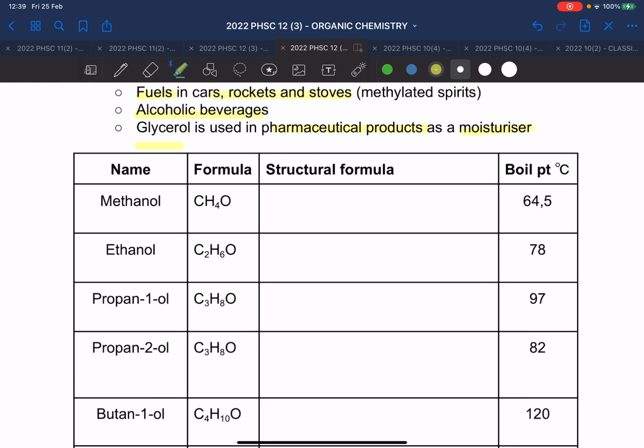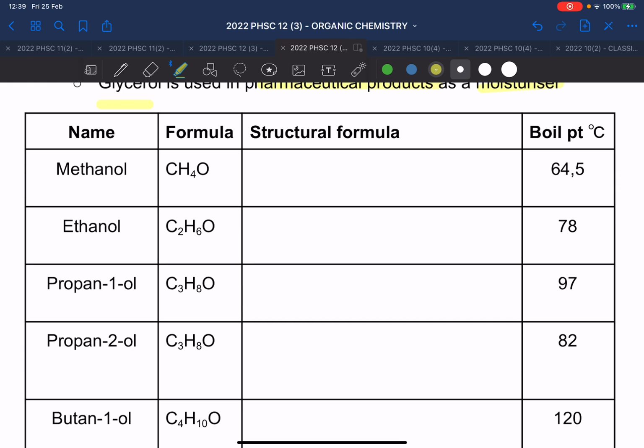Okay, right. So let's quickly look at the structural formula. What is the structural formula? Not the definition. Just explain to me in your own words. What is a structural formula?